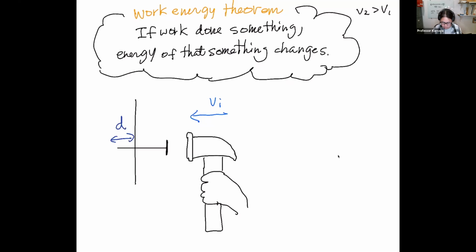Ignore all the other factors. Then the final velocity of the hammer is 0.